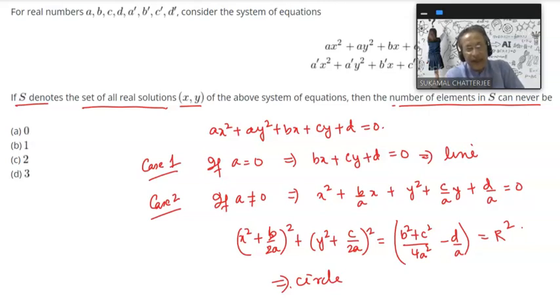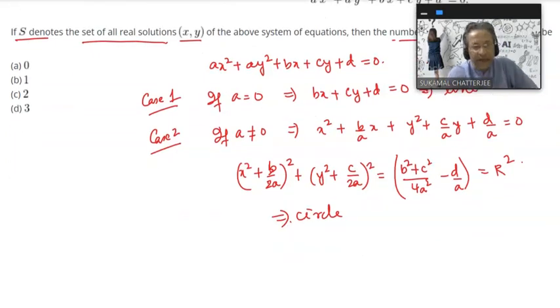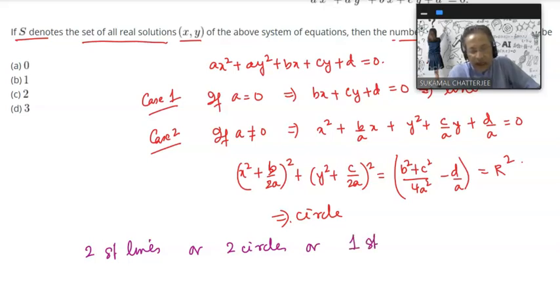Now the second equation is also similar. So if I take the two cases, I can have either two straight lines, or two circles, or one straight line and one circle. If I have two straight lines, the lines can be parallel, in which case there is no solution.